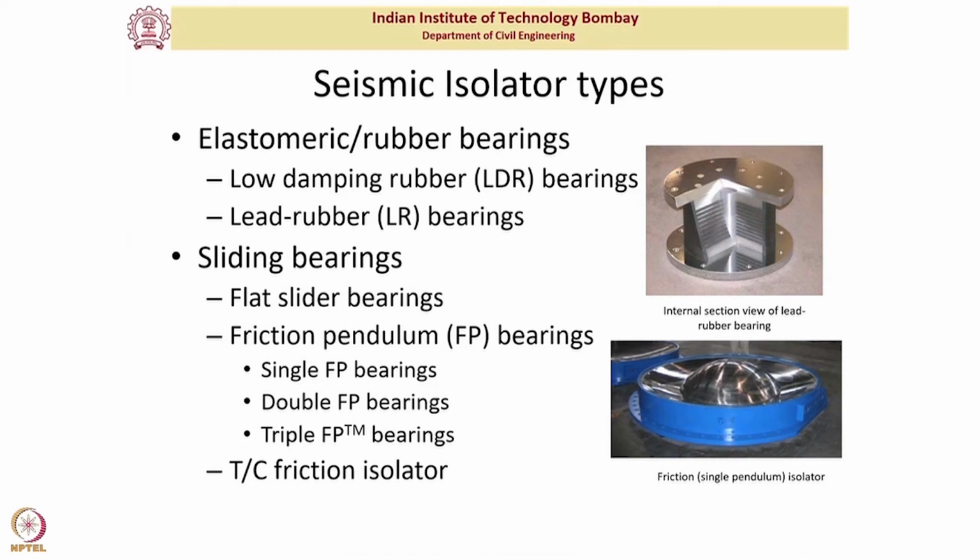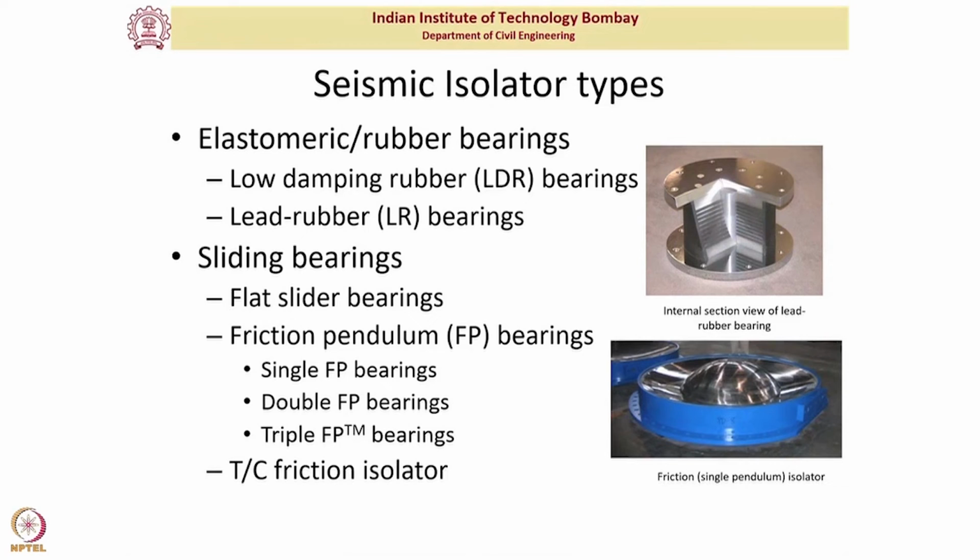Similarly, you can have sliding bearings. Now in sliding bearings, you can have flat slider bearings. You can have friction pendulum bearings. Okay. In friction pendulum, you can have single, double or triple. The way we categorize these bearings is basically the number of sliding surfaces.